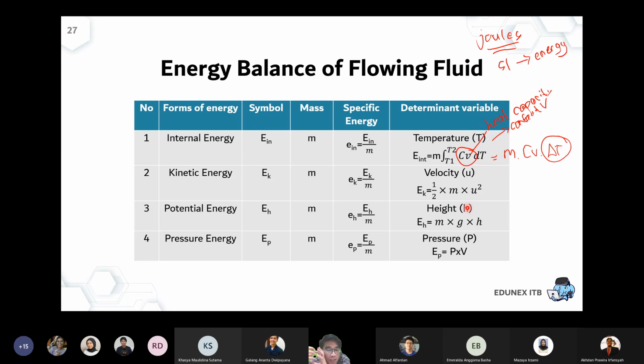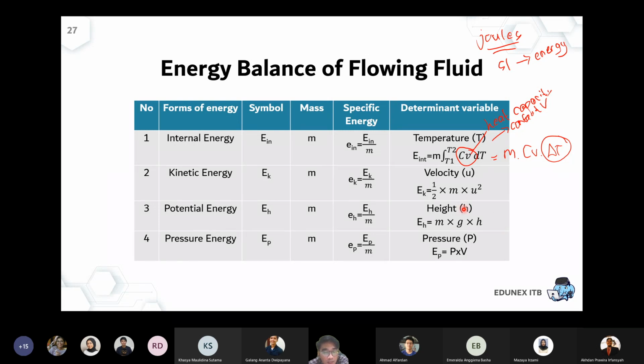It will go upward, go downward, and some fittings are also installed. So the potential energy is the energy contained in fluid flow because the fluid has a certain height, a certain position relative to the baseline. So maybe the baseline can be the ground.